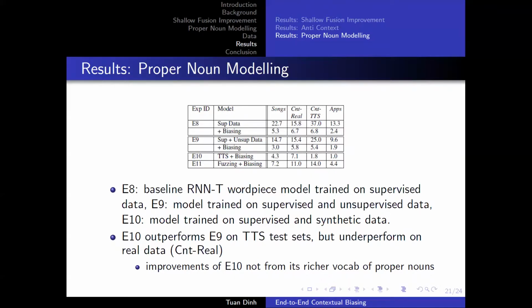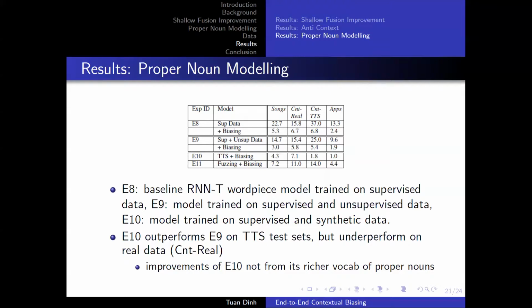The table shows the word error rate of the proper noun modeling. E_N is the baseline RNN-T model trained on supervised data. E9 is the model trained on supervised data plus unsupervised data. E10 is the model trained on supervised and synthetic data.